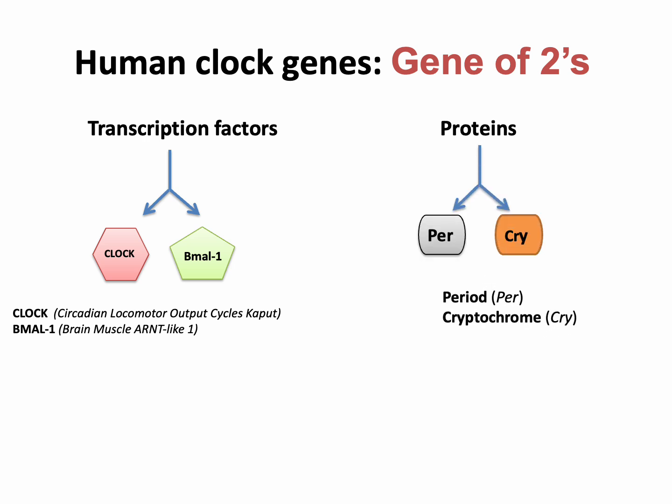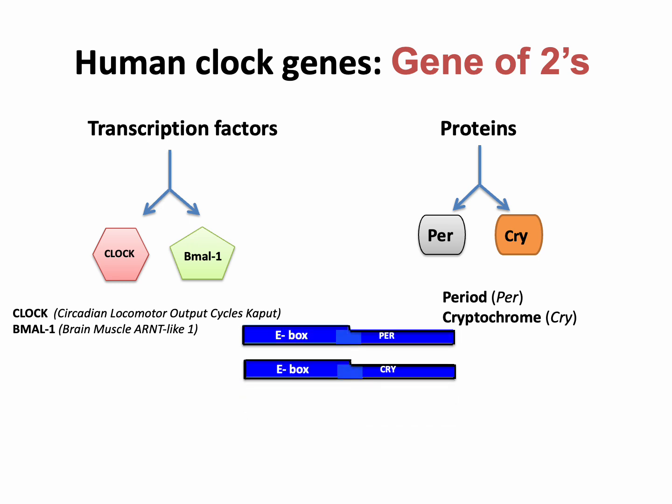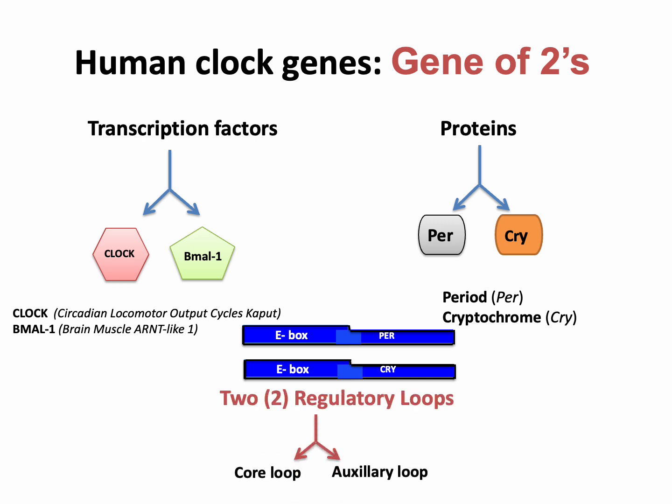PER refers to period, CRY refers to cryptochrome. And lastly, there are two regulatory loops, which are the core loop and the auxiliary or supplemental loop. Okay, so with this, it's quite easy to remember the human clock genes.